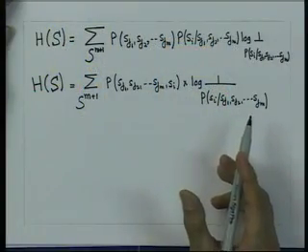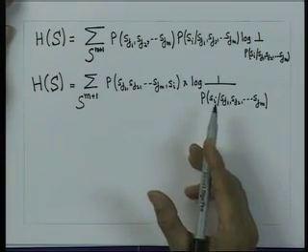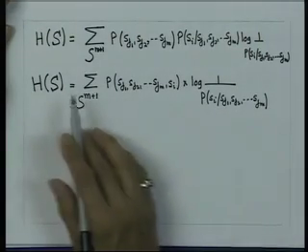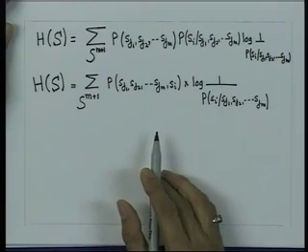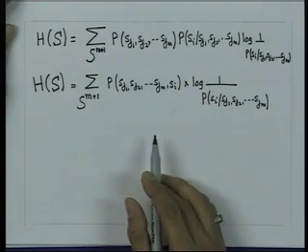Let us take an example and try to evaluate this expression to get a feel of what we are doing. So, let us go back to our previous example which we had considered, that is the second order Markov source, for which we just calculated the probability of states.